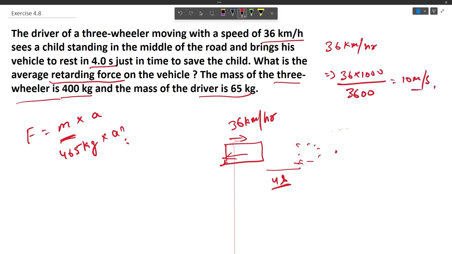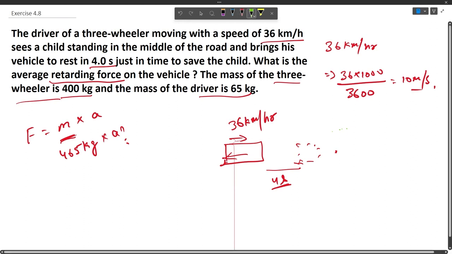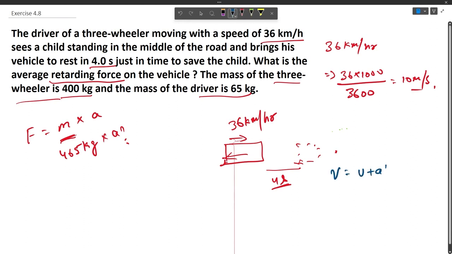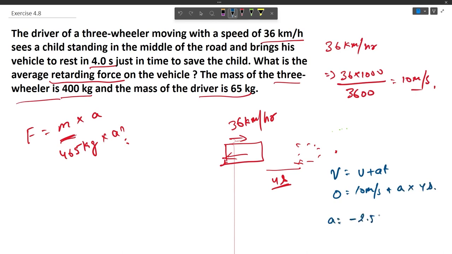Now from the equation of motion, we know that v equals u plus at. Final velocity would be equal to 0. U, that is the initial velocity, is 10 meter per second, plus acceleration times time interval, that is 4 seconds. Now acceleration would be equal to minus 2.5 meter per second square.